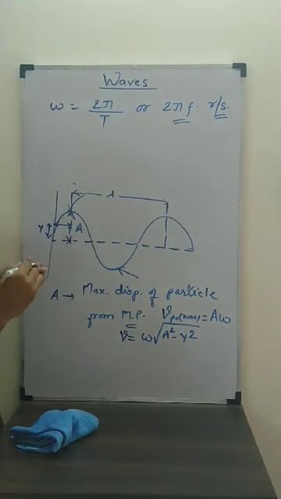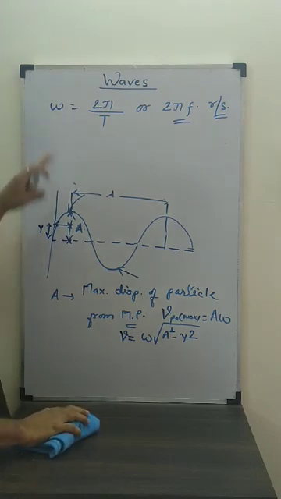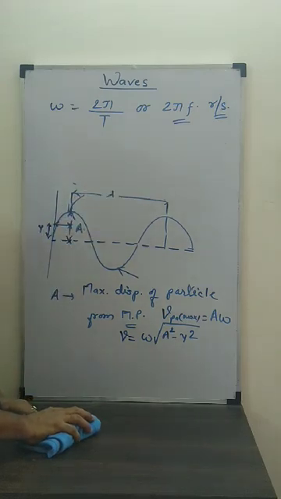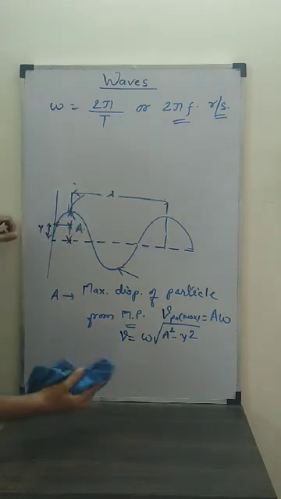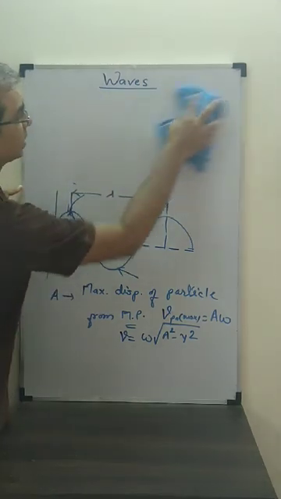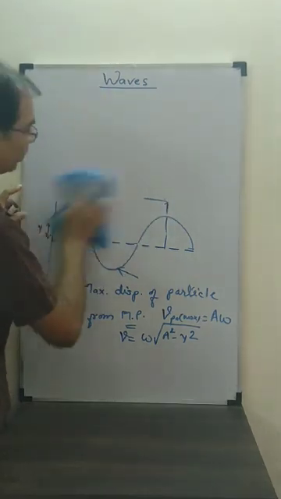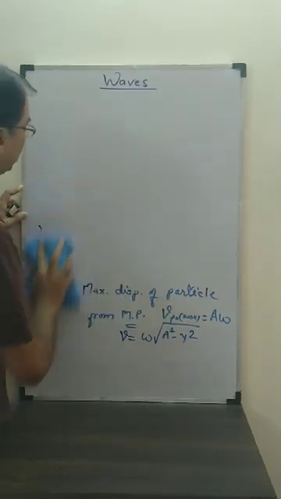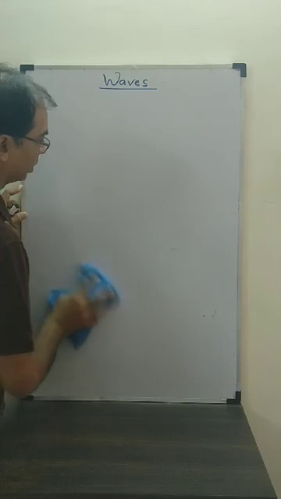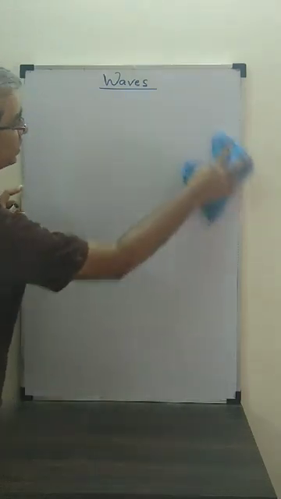So this is angular speed or angular velocity or angular frequency. Okay, so these are the basics we have studied: wavelength, frequency, time period, and amplitude. These are the basics of waves.